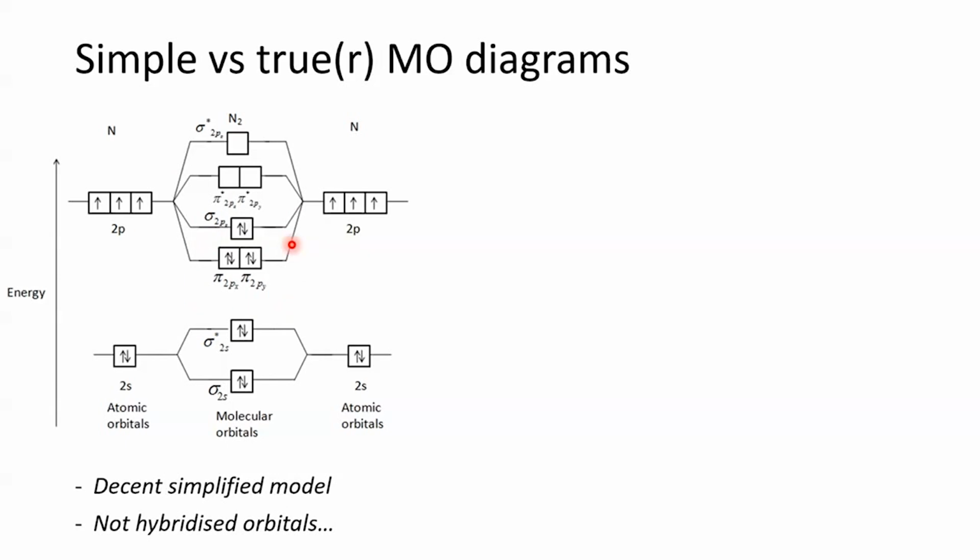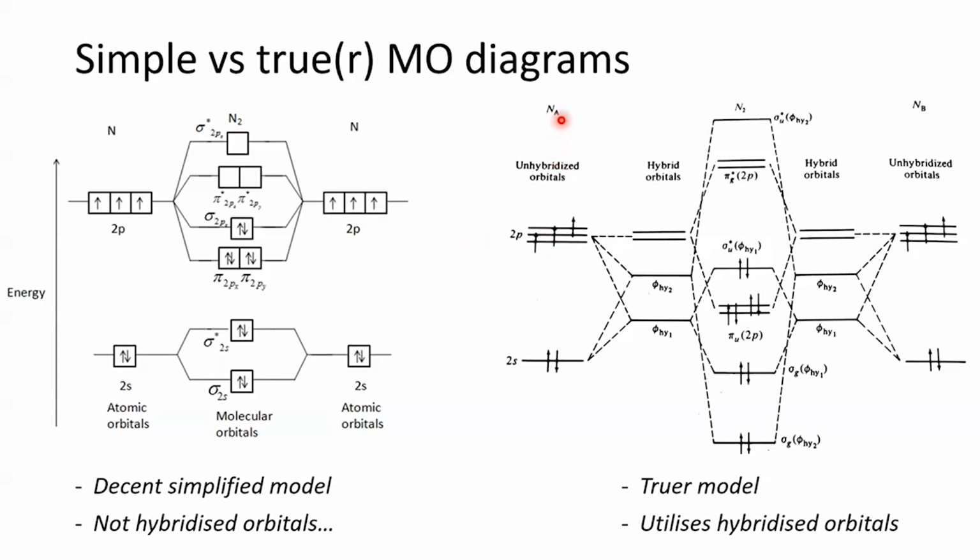And the main reason for that is that when we consider the atomic orbitals, you can see they're listing the 2s and the 2p orbitals. But in fact, we really should be considering hybridized orbitals and combining those in our molecular orbital diagrams. And if you do that first, taking the unhybridized orbitals of nitrogen, hybridizing them first to give you our hybrid orbitals, and then combining the two hybrid orbitals of our atoms together, all of a sudden we can see why the molecular orbitals are arranged the way that they are.